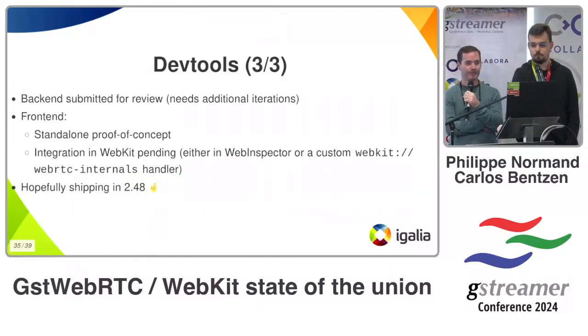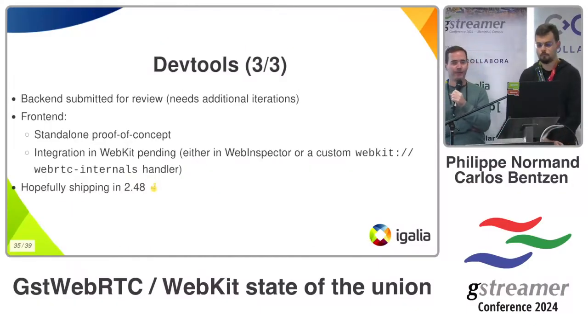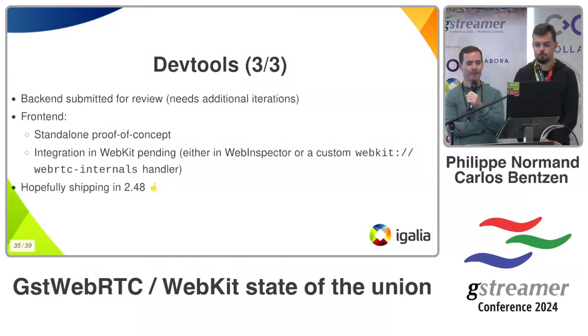So yeah, we have the backend working. We have a pull request submitted. We need to iterate a bit on that because Apple people also have logging facilities. So we need to make that work better with their infrastructure, because eventually they would like to use that as well. And then on the front end, we have a few options.